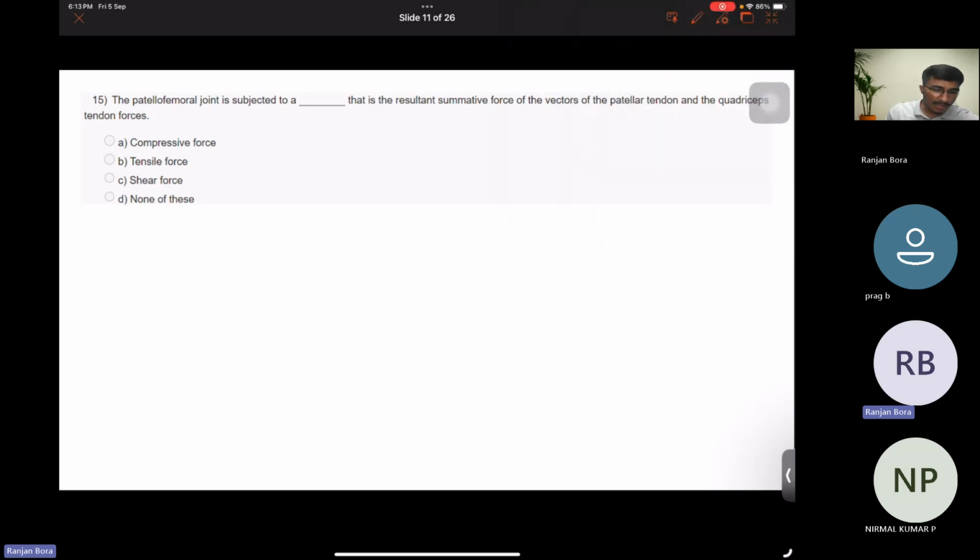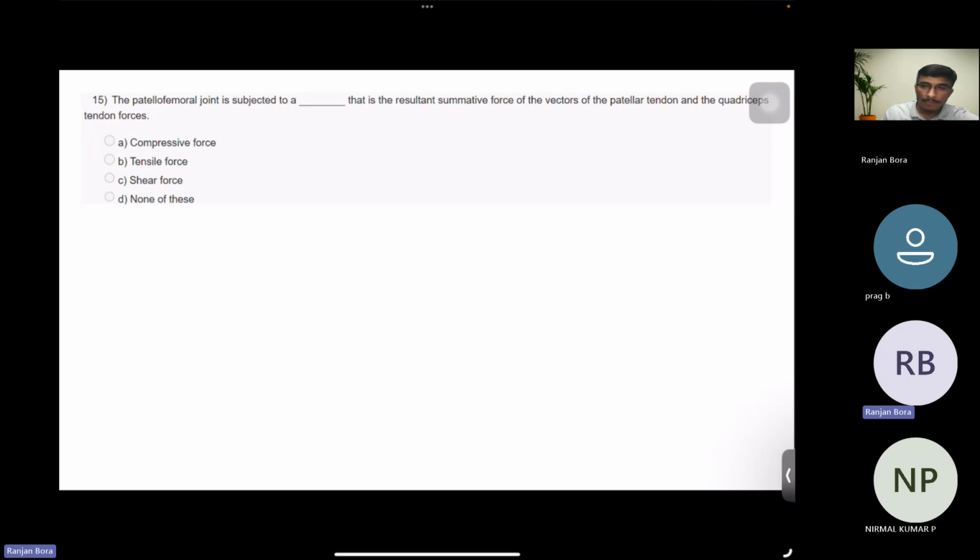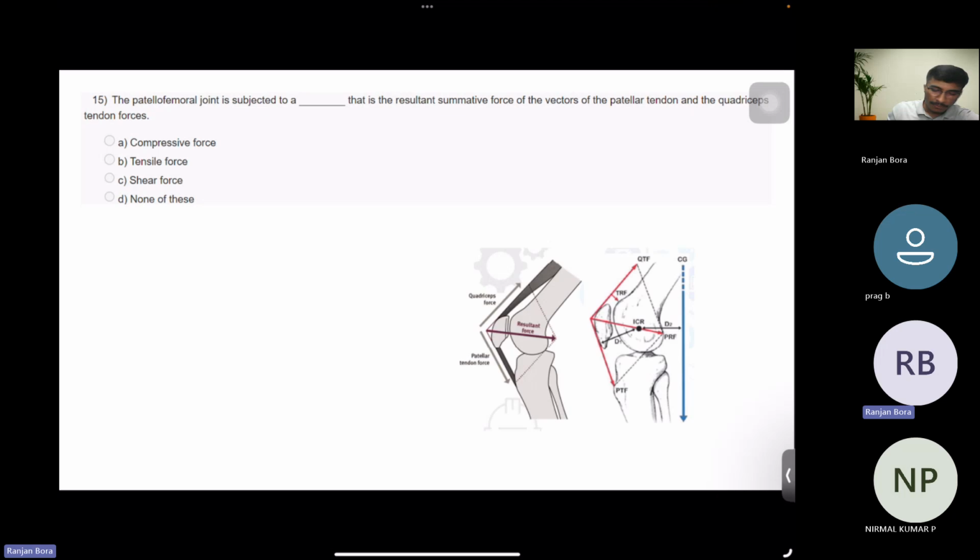And next is the patellofemoral joint is subjected to, that is the resultant summative force of the vectors of the patellar tendon and the quadriceps tendon force. What is the answer? Yes, compressive force.